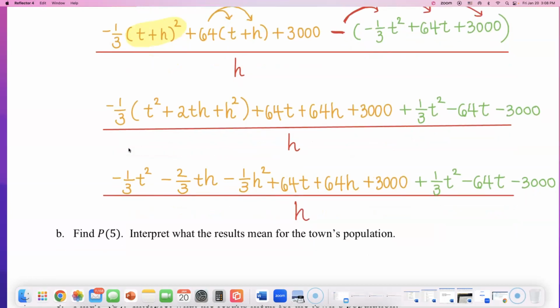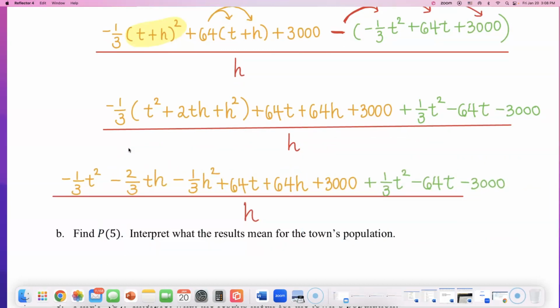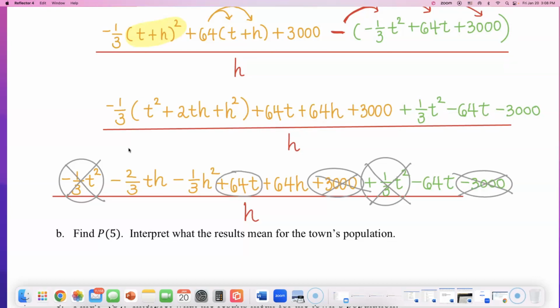And we will be able to cancel out a lot of these terms on the numerator. So let's see what goes away. There is negative 1/3 t squared and there is positive 1/3 t squared. Those are gone. What else? There's positive 3,000 and there is negative 3,000. They're opposite, so they're gone too. There's 64t. There's negative 64t.